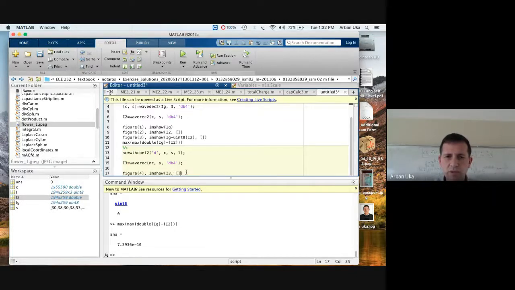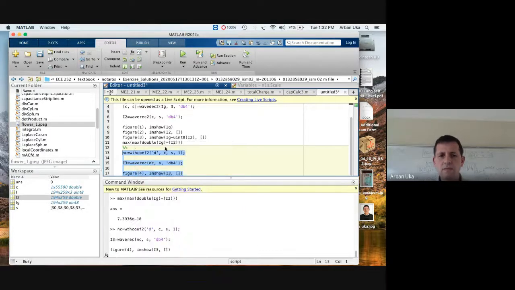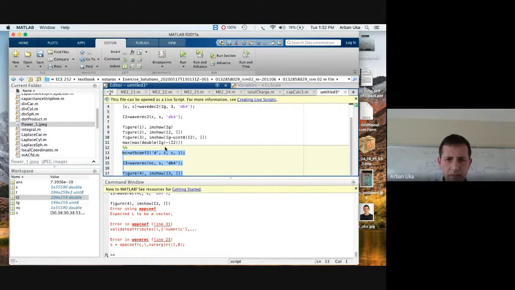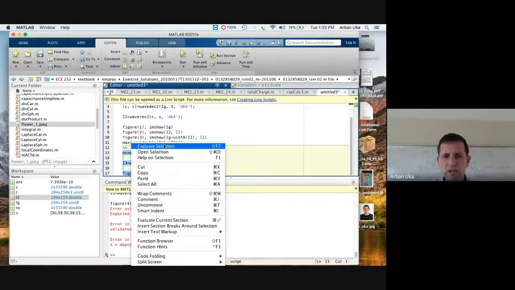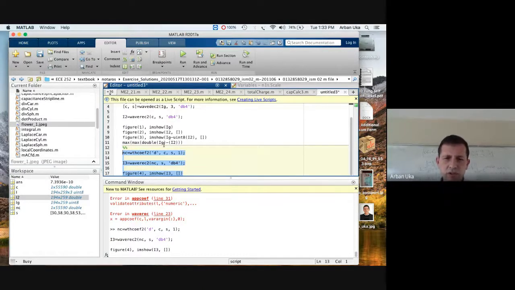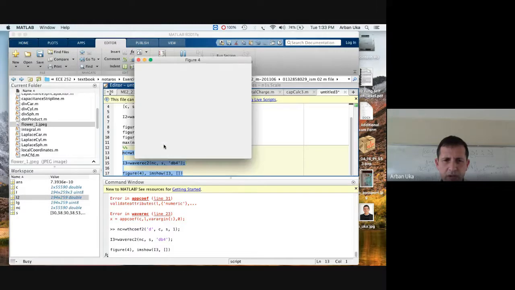Let's add also this operator here, and let's see what we find. We have an error: expected L to be a vector, error in line 23, wave recomposition. Okay, so this is wave recomposition 2. Probably this was the error because the data set that we're dealing with is 2D. So let's hope that's all the errors.